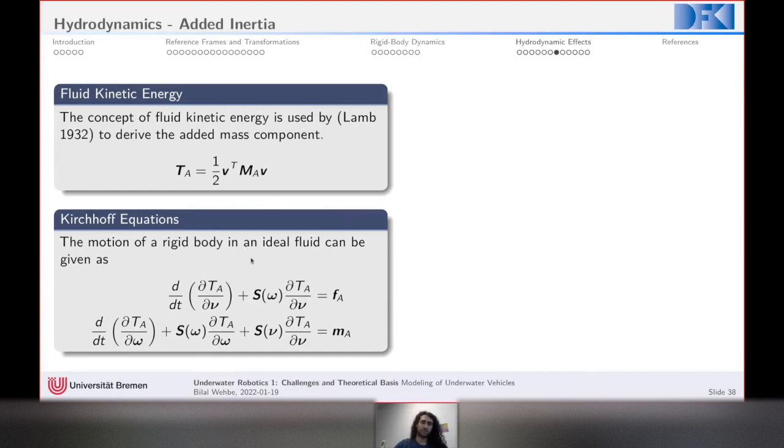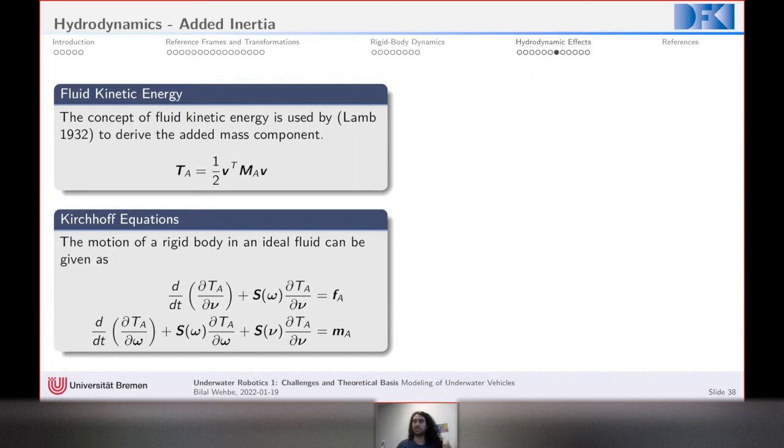So for a rigid body moving in an ideal fluid, we first take the derivative of the kinetic energy with respect to the velocity, and then take the time derivative of that term. And since it's also moving with an angular velocity, there's an added term, which is the angular velocity crossed with that term. This is going to be equal to the force that is acting on the body.